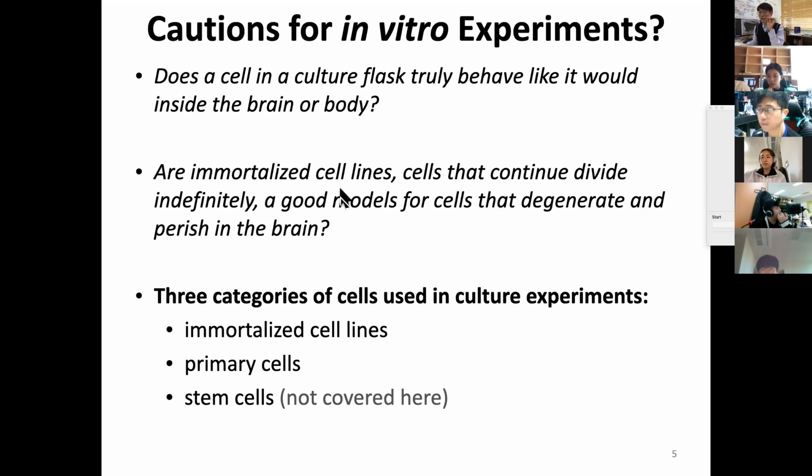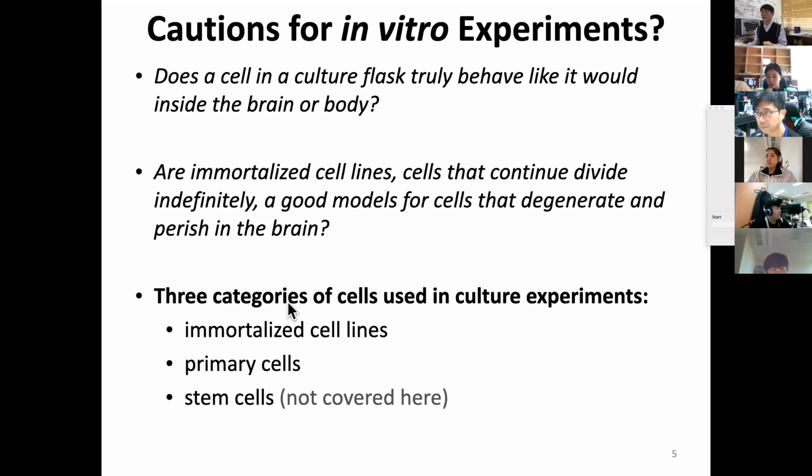But when you happen to use one, you have to ask yourself, is this a good model? Does it have a real implication for the ultimate goal of the cells inside the brain? I hope you understand these questions. You always have to ask yourself this question.